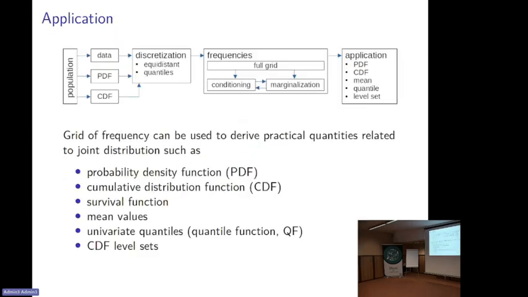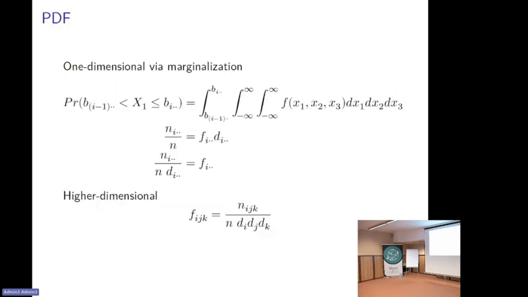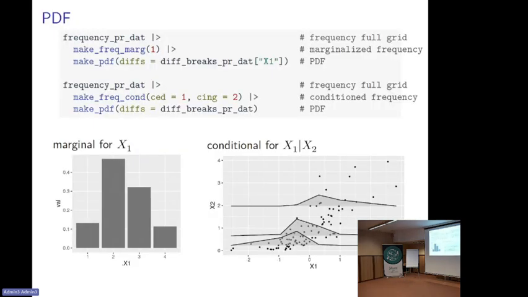Okay. And now the application. We can use this grid, either it is full or marginal or conditional, and the conditioning brings marginalization with it. It can be used further to calculate a grid of densities, cumulative distribution function, survival function, mean values. I will go through this.